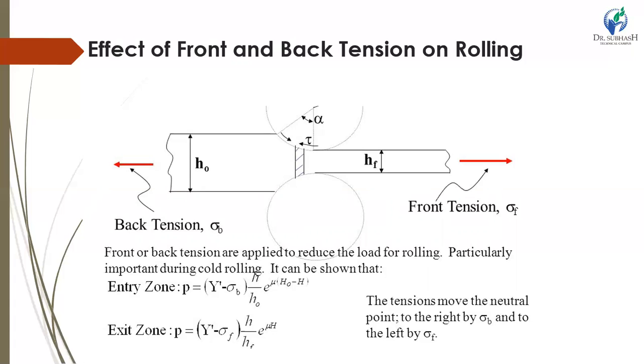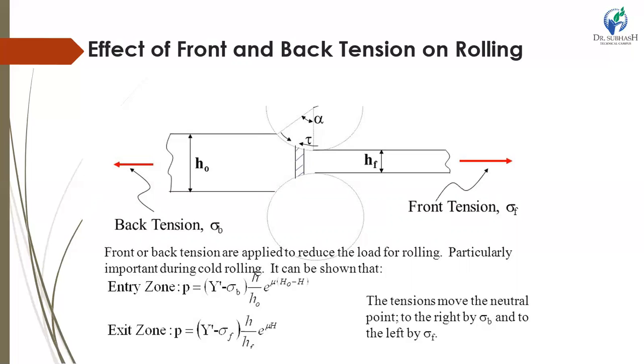Also the roll stand, including housing, bearings, chocks, etc., may stretch due to roll forces to such an extent that the roll gap opens up significantly. To compensate for this deflection and to obtain the desired final thickness, the rolls have to be set closer than we calculate.